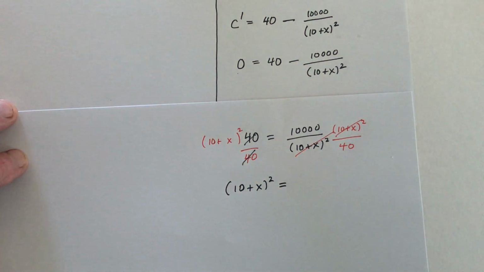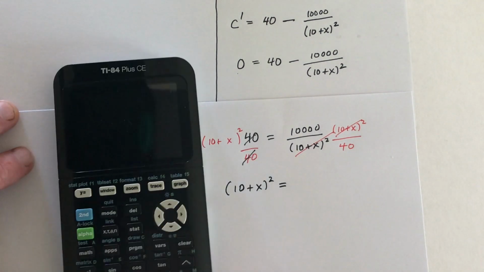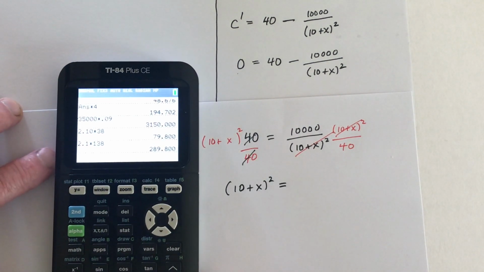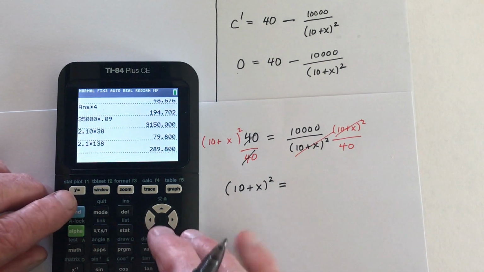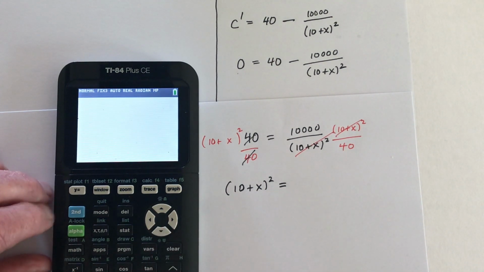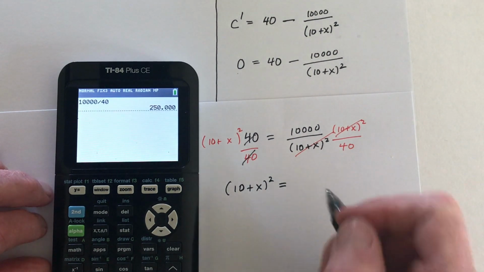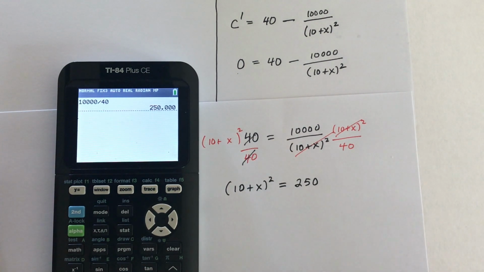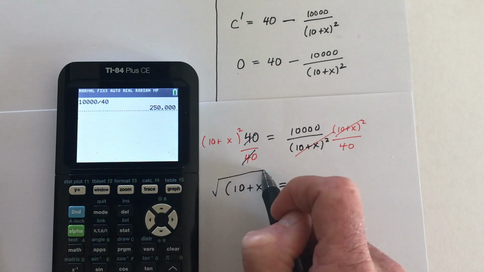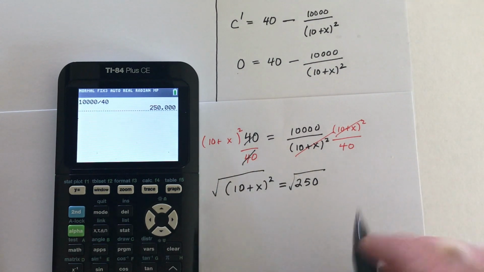And then 10,000 divided by 40, I don't actually know in my head, but the calculator says, oh, that's sort of bright, hold on. Okay, that's better. 10,000 divided by 40. Turns out it's a nice 250. And it's a good thing that I've got the calculator here, because the next thing to do is take the square root.